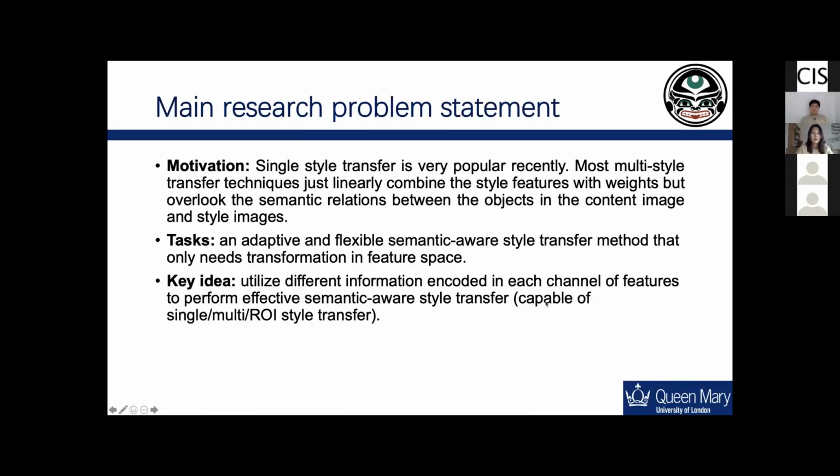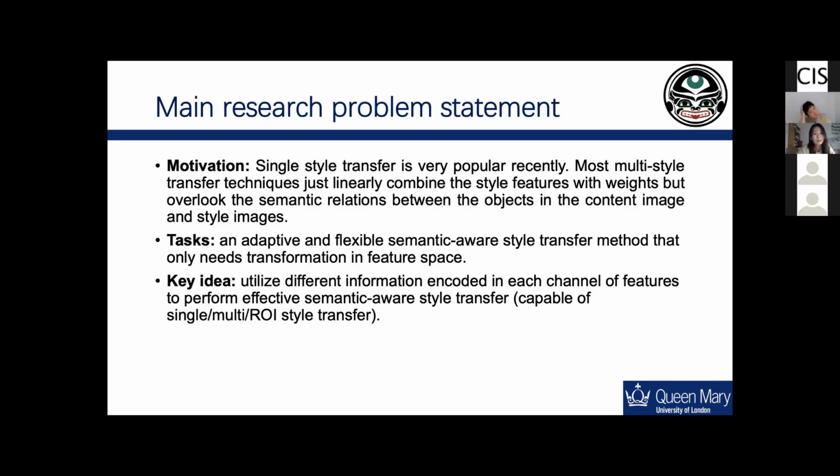The motivation of our work is to solve the problem of multi-style transfer techniques. Most multi-style transfer techniques just linearly combine the style features with weights, but they overlook the semantic relations between the objects.